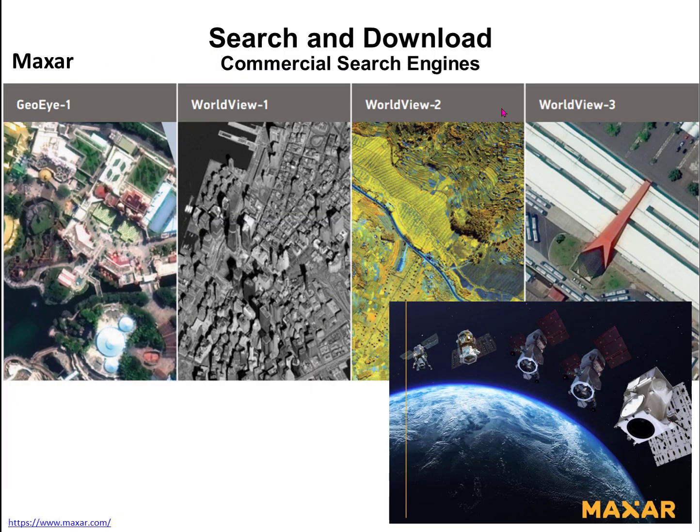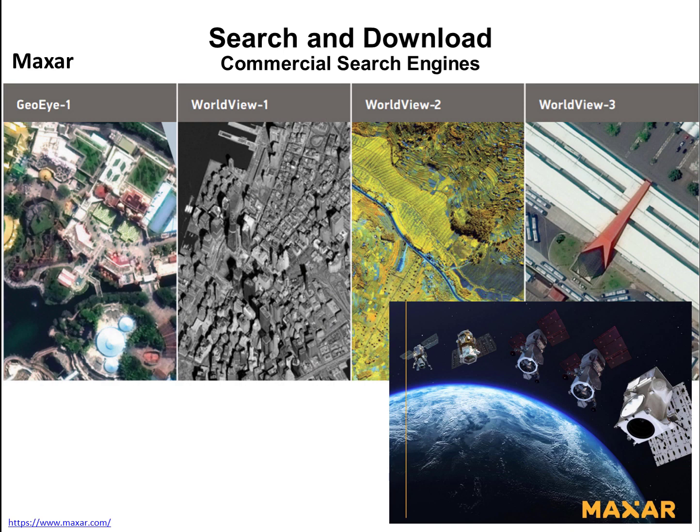Maxar has very high resolution satellites. Worldview 3 was discussed by Dan Taranik. He gave some incredibly good geologic and environmental applications using this unique satellite. It collects 8 and 16 wavelength bands. 16 bands for visible, near infrared, and SWIR.